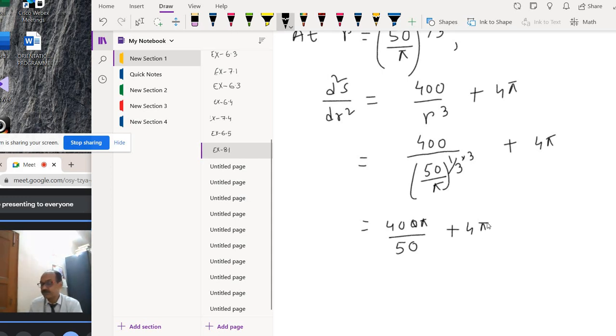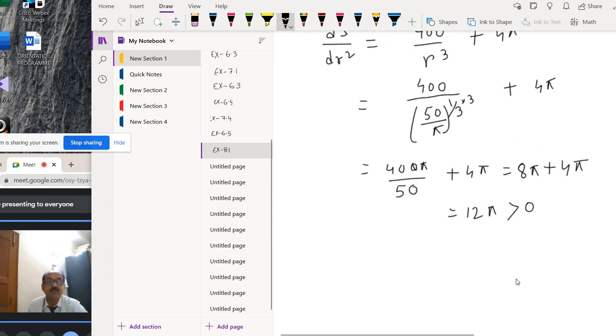So 8 pi plus 4 pi equals 12 pi, which is positive, greater than 0. So greater than 0 means S has a minimum value. Therefore the surface area is minimum.